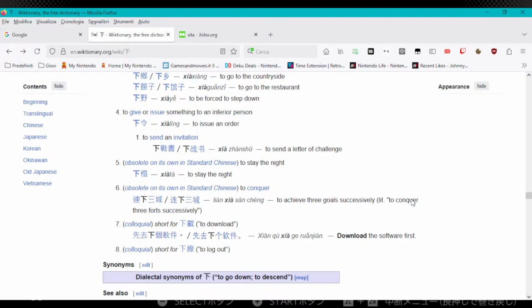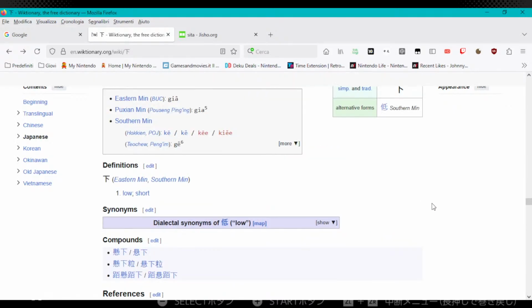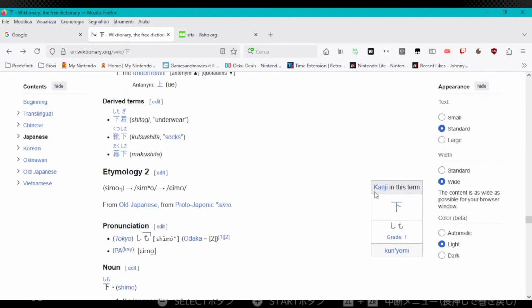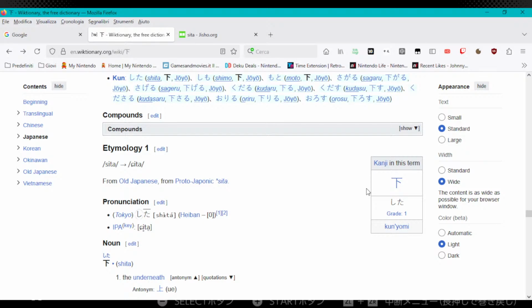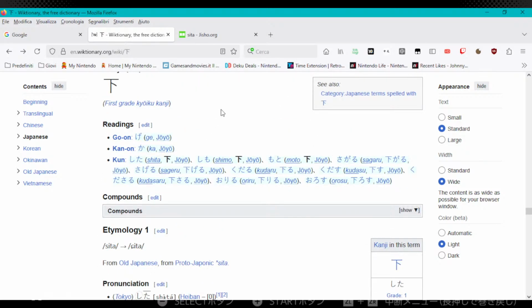I didn't mention the onyomi. Okay, sorry. The onyomi are ge, which can be found sometimes, but not as often as the other one. You might have heard it, for example, in Genin in Naruto.